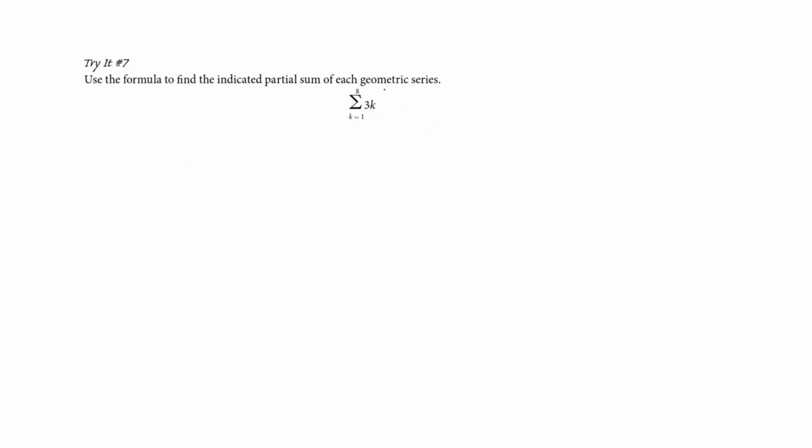Alright, so again, we are told this is geometric, but what we need is that common ratio, and I don't think it's all that intuitive to find here, at least in my mind, it doesn't clearly make sense. So what I'm going to do is do a few iterations. I'm going to do 3 times 1 is 3. Then I'm going to do 3 times 2 is 6. And if I do a couple iterations, I can find r by just doing the second one divided by the first.